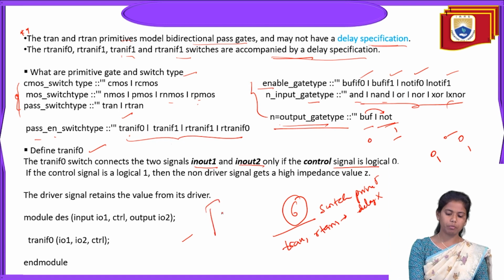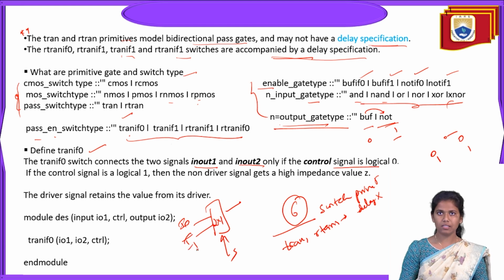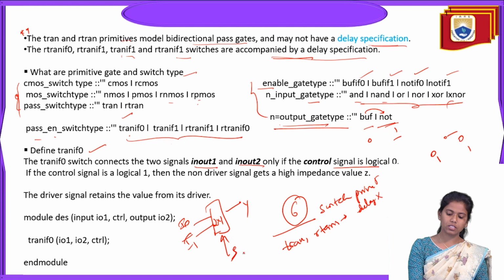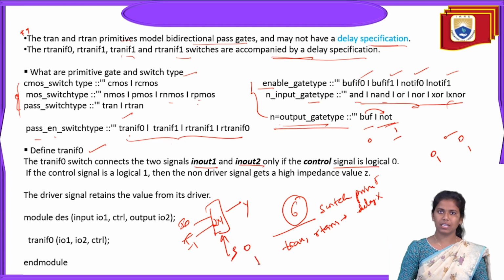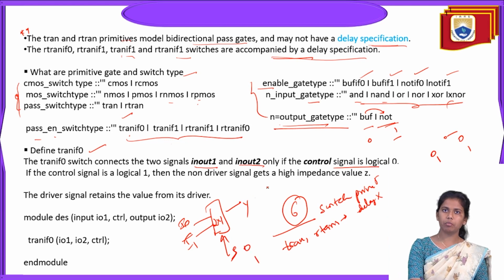In a 2 by 1 mux, we have inputs I0 and I1 and the output Y, but based on the selection line, the output is either I0 or I1.